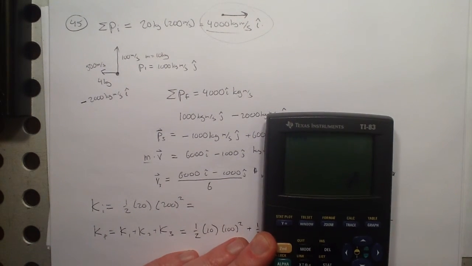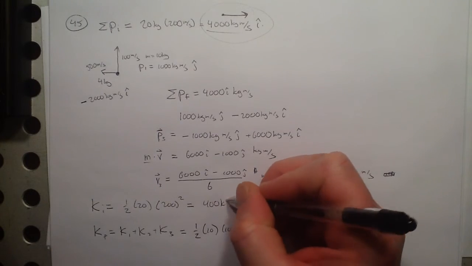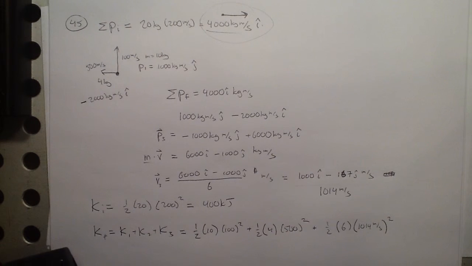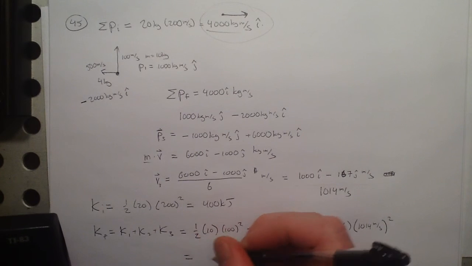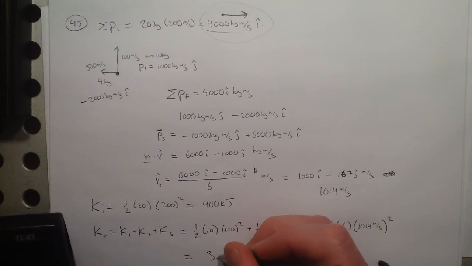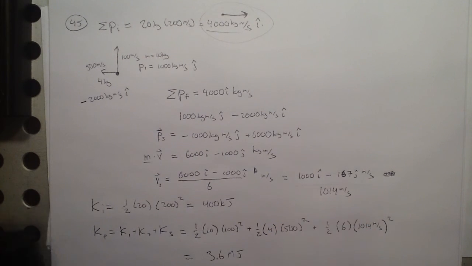So 400,000 joules. And here, I'm going to do this off screen, so I've got, after the explosion, all that is equal to about 3.6 million joules. 3.6 megajoules, if you want.